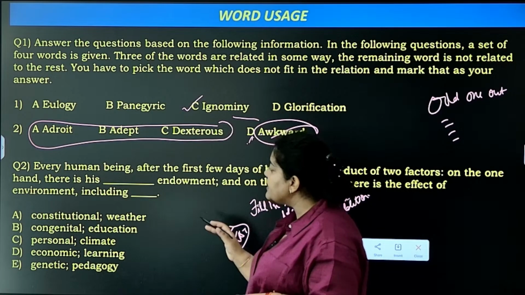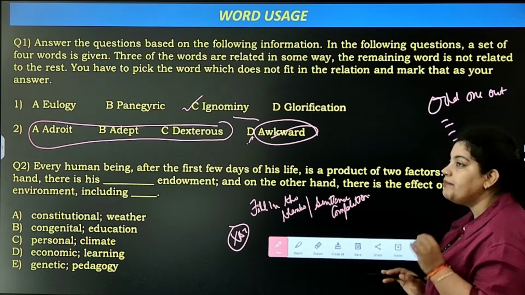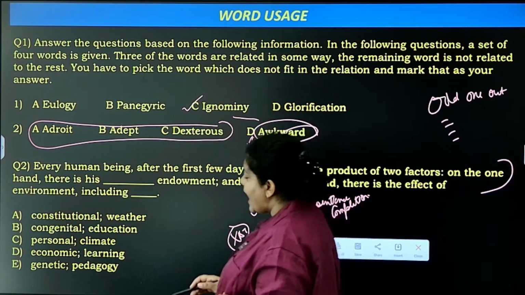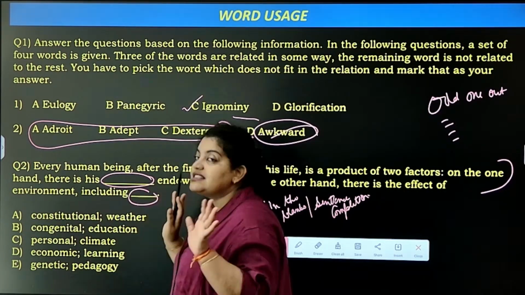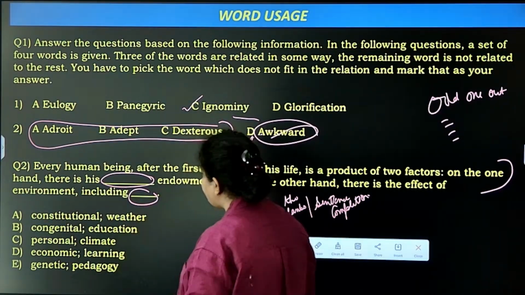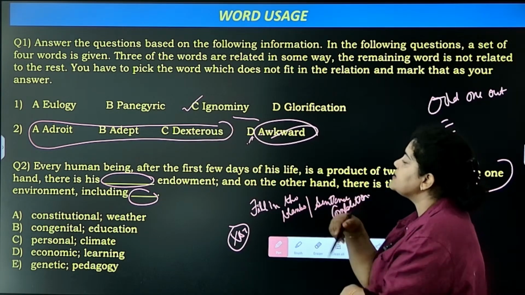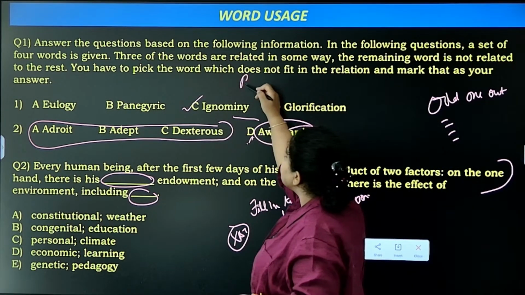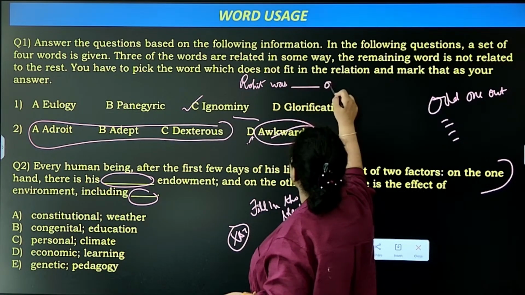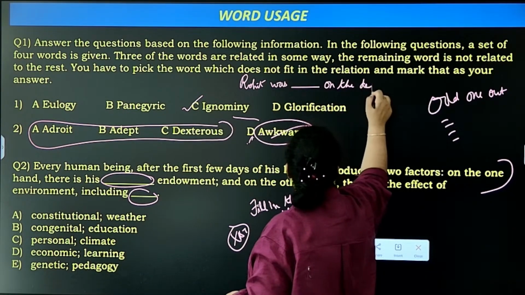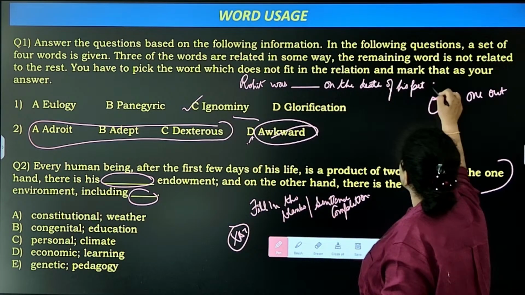So what is happening in this kind of question is that they are giving you a sentence, in which they have put the blanks, and you need to pick up that particular option that fits the blank correctly. Now before I get into the answer to this question, let me help you with this. For example, the sentence is: Rohit was dash on the death of his pet dog, right?